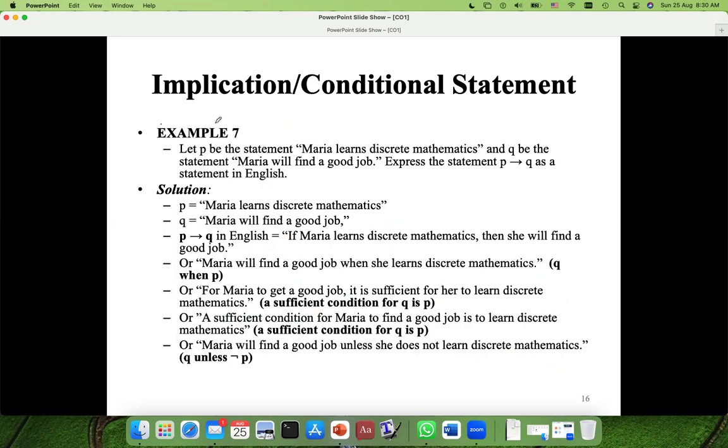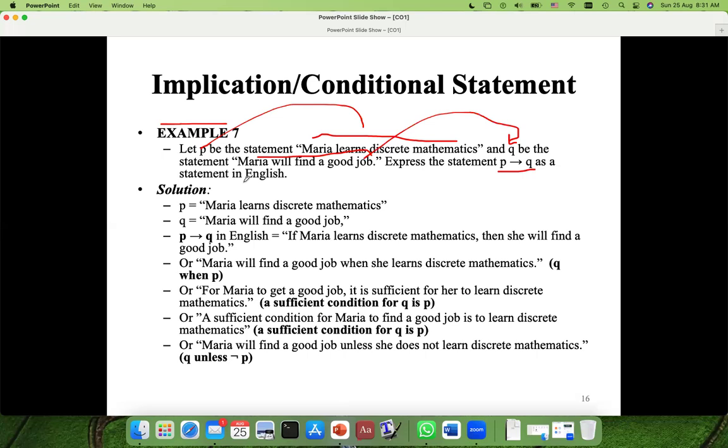And now we have an example. Example 7. Let P be the statement, "Maria learns discrete mathematics." So this is one sentence and it is P. And Q be the statement, "Maria will find a good job." This is the second sentence and it is Q. And now the question is, express the statement P implies Q as a statement in English.